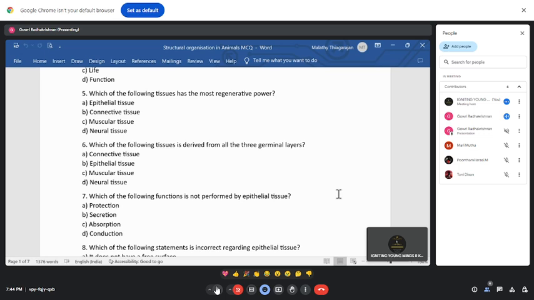For example, the inner lining of the mouth is epithelial. When you swallow or eat your food, sometimes you bite your inner part. Within a few days, it gets repaired. The tissues multiply and then it's cured.